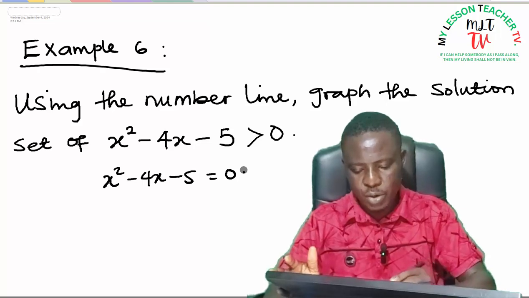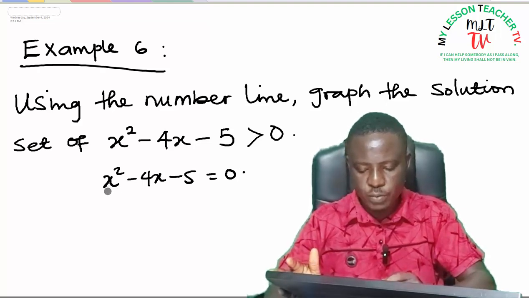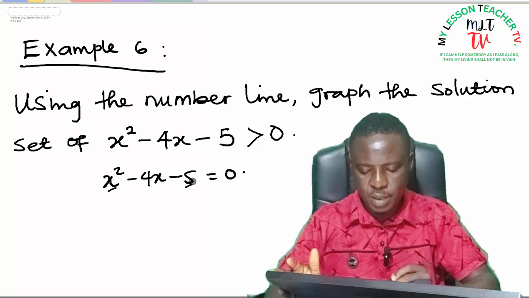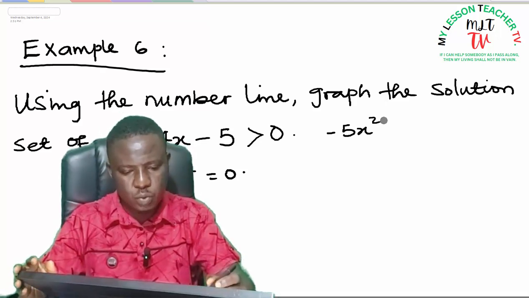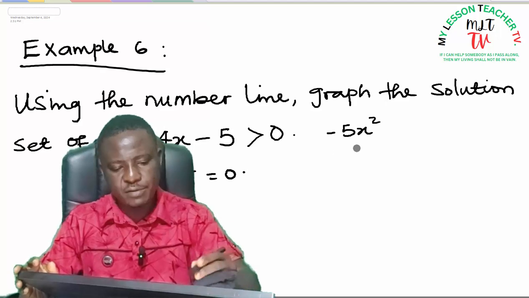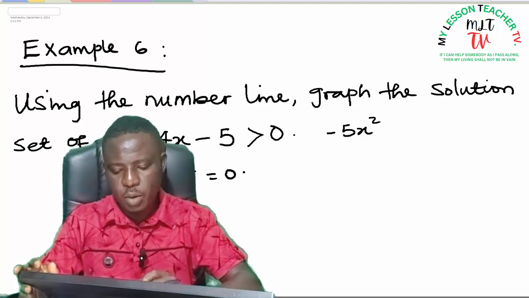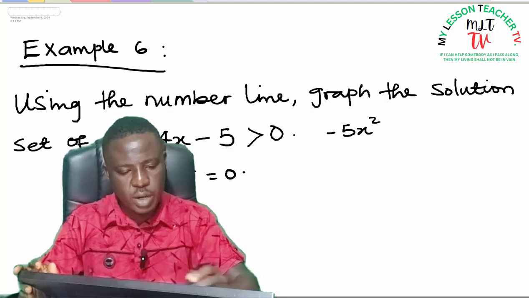Look for two terms that when you multiply them together, it gives you the product of the first term and the last term, and when you add them together, it gives you the middle term. So the product of the first term and the last term gives us minus 5x squared. So what are those two numbers that when you multiply them together, it gives you minus 5x squared, and when you add them together, it gives you minus 4x?